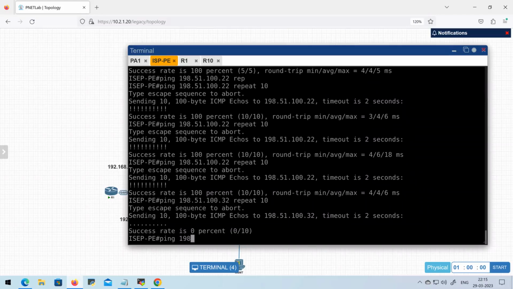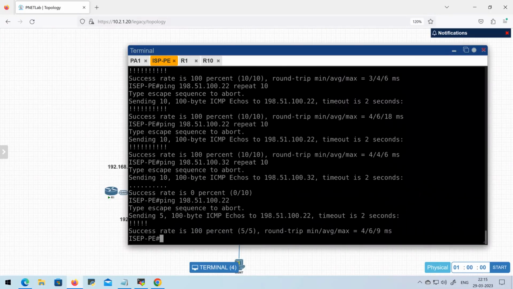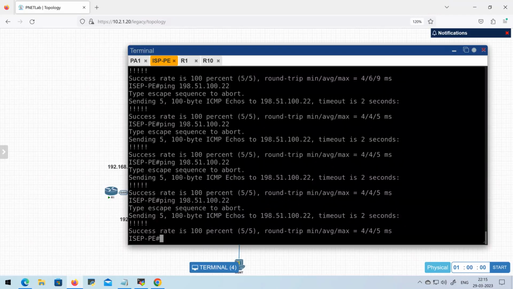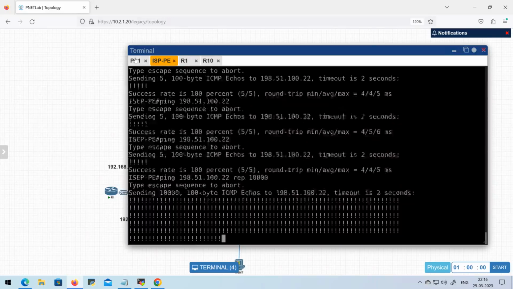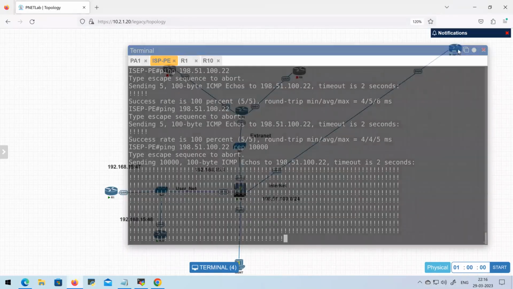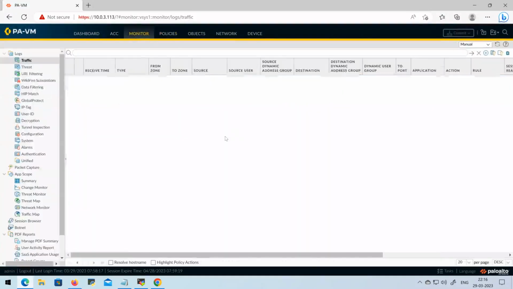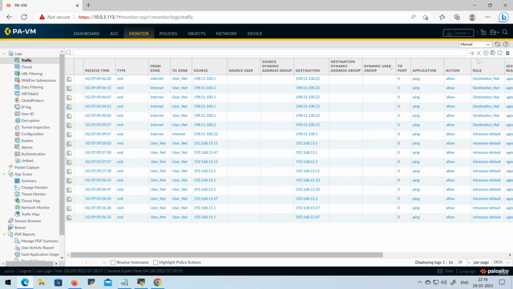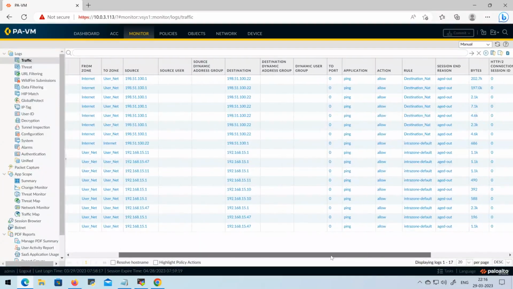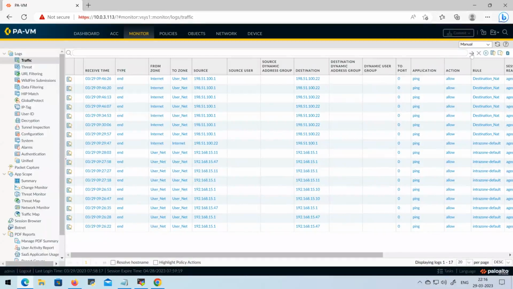198.51.100.22. Go to Palo Alto. So our destination NAT is in use, and it's only going to 47.